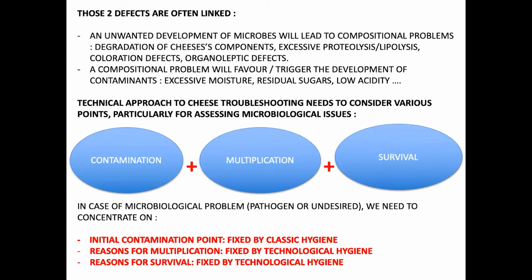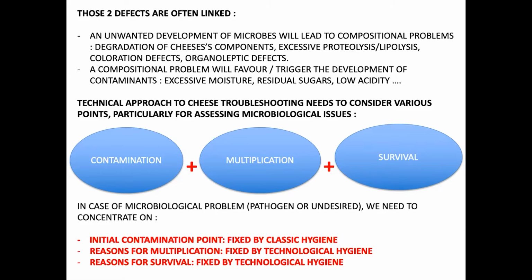So if you make some mistakes during the cheese making process, having too high moisture in the cheese, too much residual sugars, too low of a pH at unmolding, and so on, all those parameters that move away from your normal values will trigger the development of microbes.